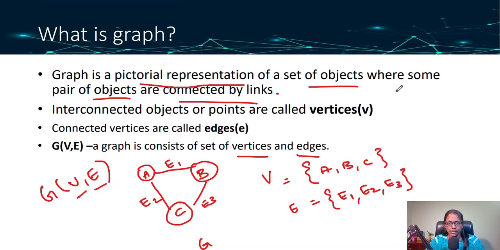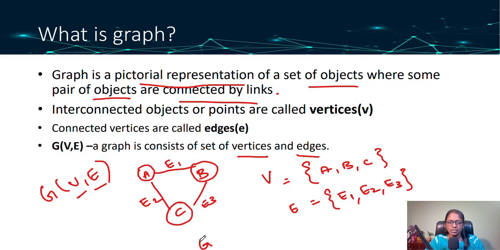A graph is a pictorial representation of a set of objects where some pairs of objects are connected by links. Interconnected objects or points are called vertices and connected vertices are called edges. And G(V, E) is a representation of a graph, where V is the set of vertices in the graph and E is the set of edges in that particular graph.